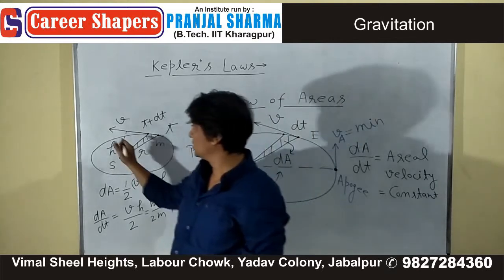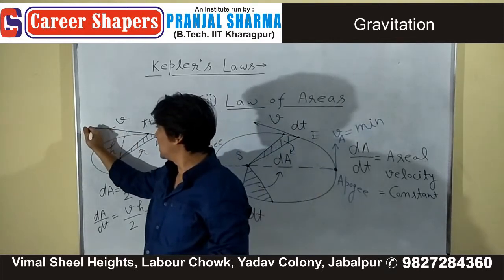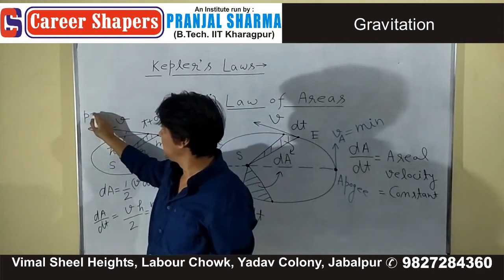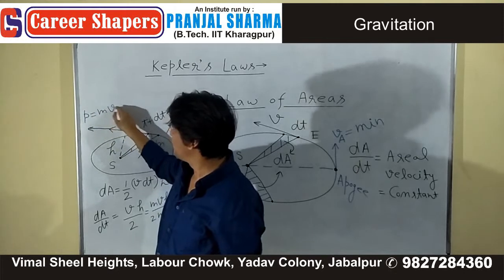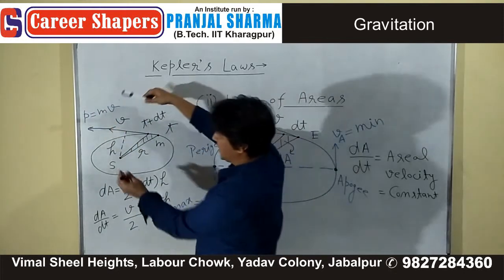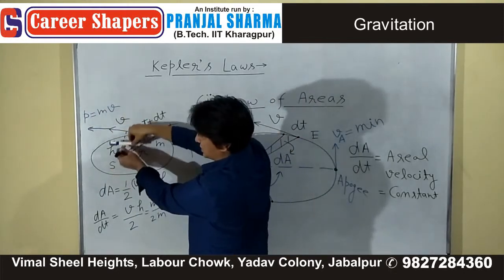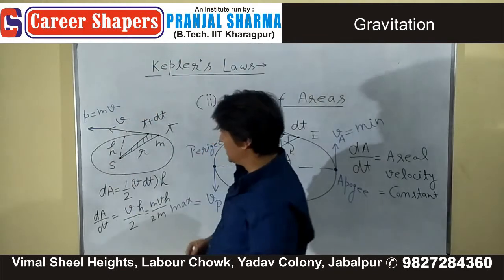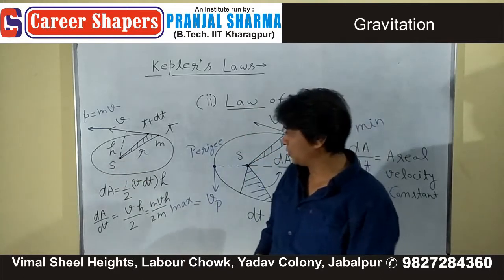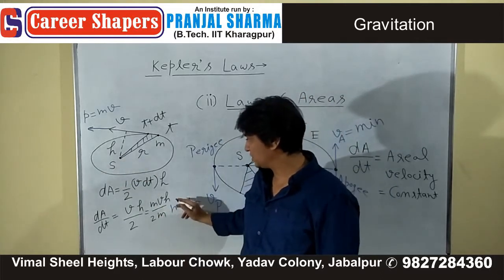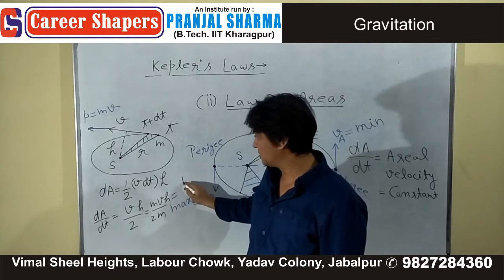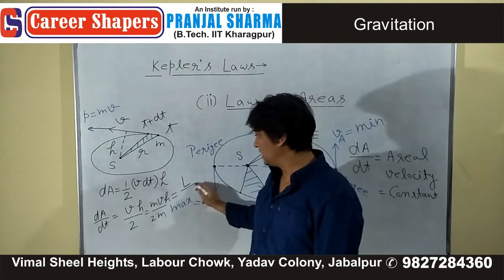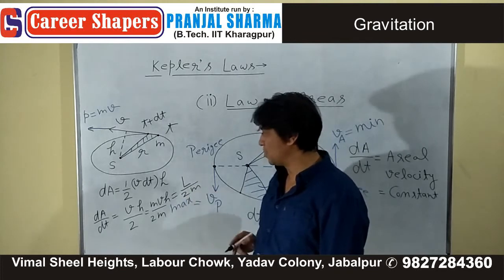In this direction, P, which is linear momentum, is m into v. And this linear momentum's perpendicular distance from the axis of rotation, which is present at the Sun, is h. Therefore this mvh is nothing but L, angular momentum, divided by 2m.